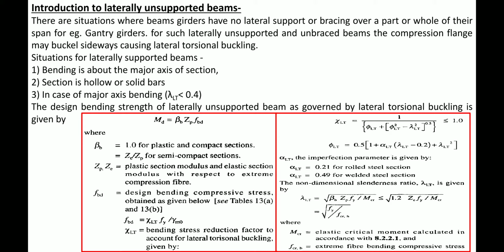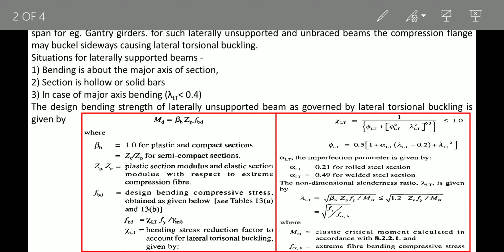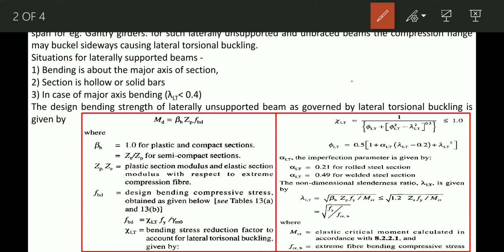situations. For such laterally unsupported and unbraced beams, the compression flange may buckle sideways, causing lateral torsional buckling. So whatever I section you take, we have already studied in the last topic laterally supported beam.